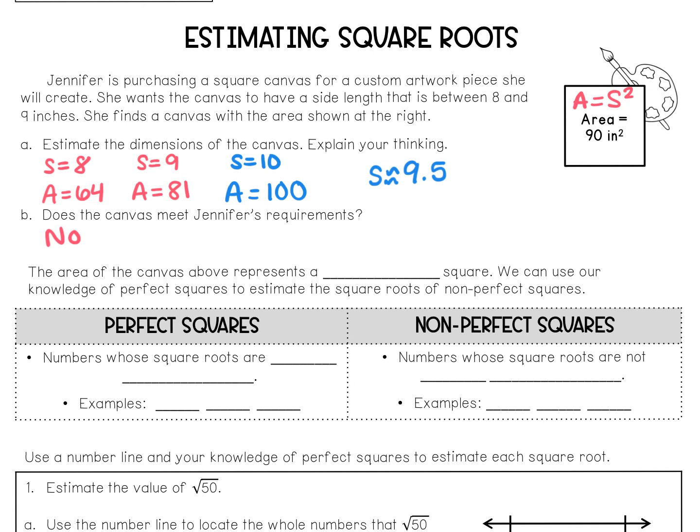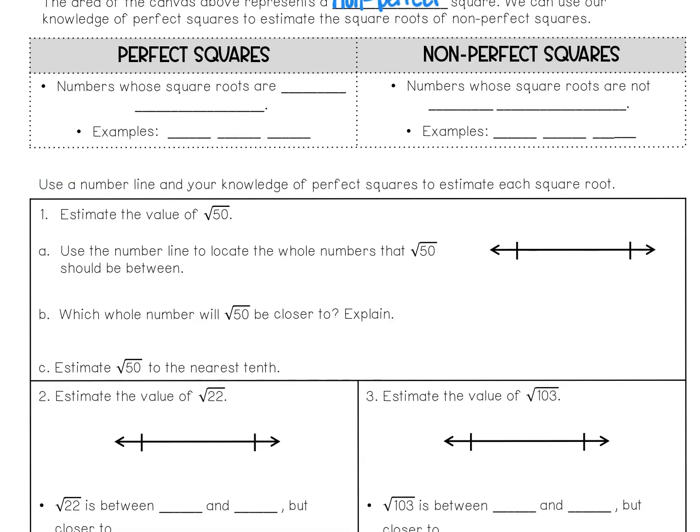So the area of the canvas above represents a non-perfect or imperfect square. And we're going to use our knowledge of perfect squares to estimate the square roots of non-perfect or imperfect squares. So we know from previous lessons that perfect squares are numbers whose square roots are whole numbers.